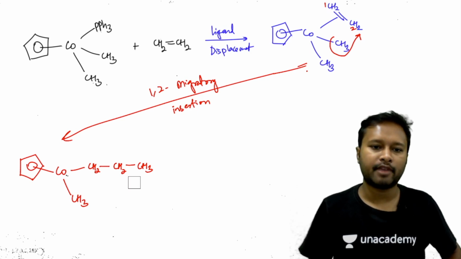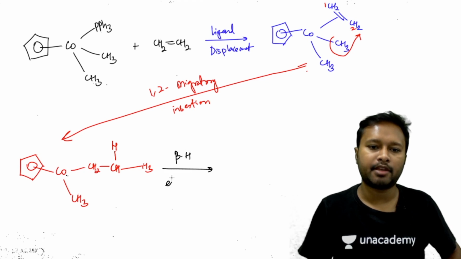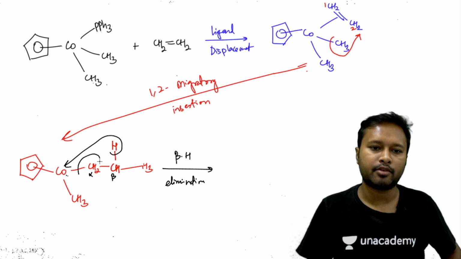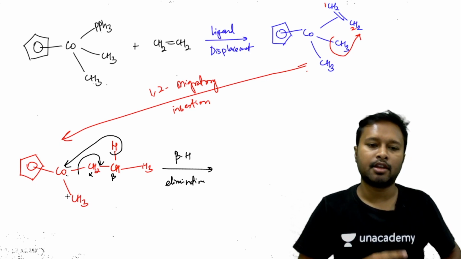Now I'll modify this a little bit, so I can write it as CH and H. In the next step, I'm going to have a beta hydride elimination reaction, and in this, this alpha and this beta hydrogen are going to combine on the metal, and this bond is going to move like this, just like we have seen with the removal of the formaldehyde group.